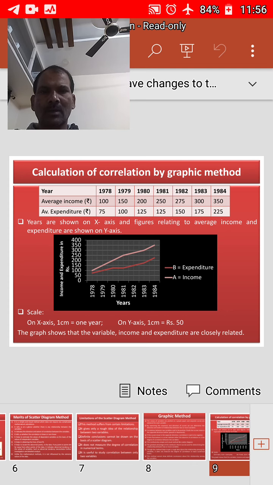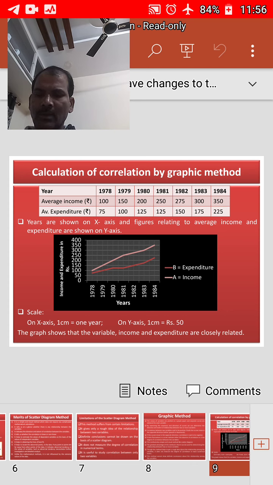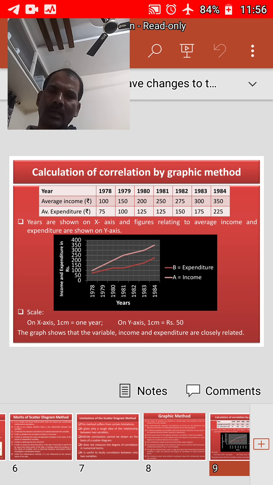By considering one numerical example on this, right? Calculation of correlation by the graphic method. It was given the following data: determine the correlation by using the graphic method. Here are given the years 1978, 79, 80, 81, 82, 83, 84, and the average income and average expenditure of the parents is given.